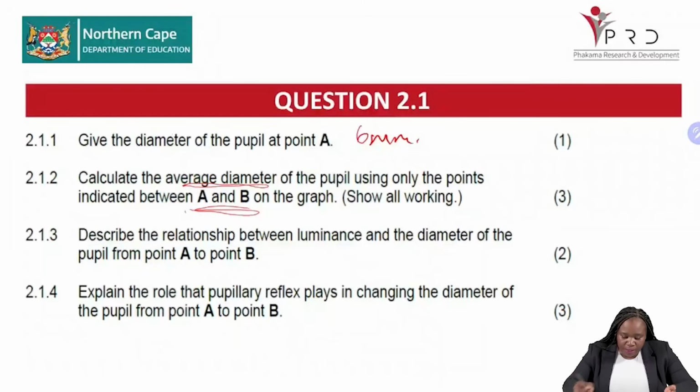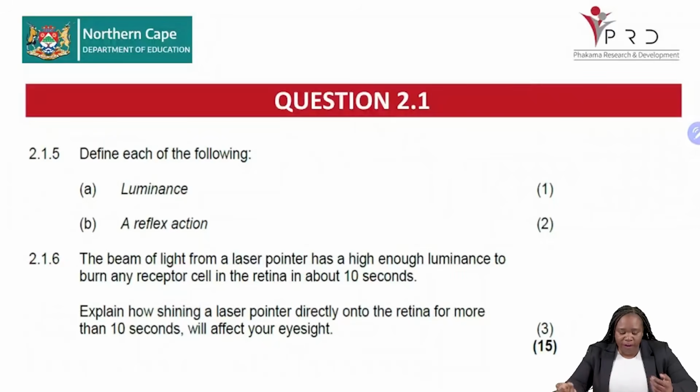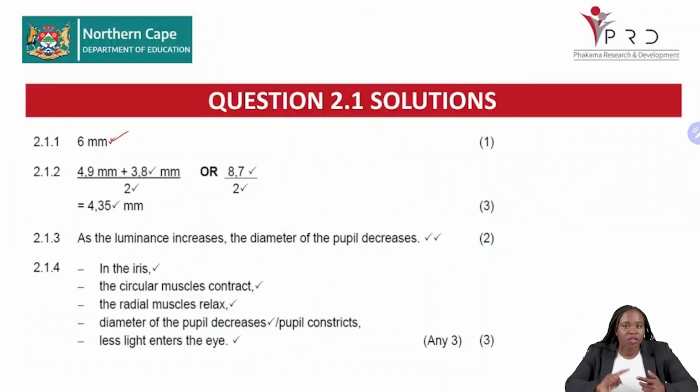Now let's have a look at the mark allocation here. It is 3 marks, meaning that it would possibly be your addition, the division by 2, and then your final answer. So it is 4.9 plus 3.8, that gives us 8.7.